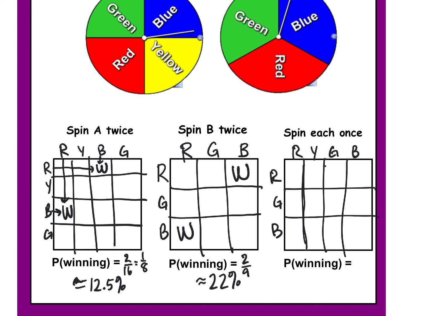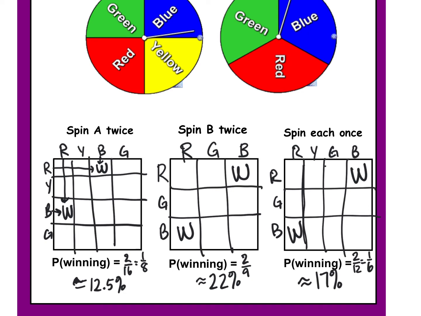And again, we're looking for the red and the blue to intersect. So here's a winner. And then blue and red, here's a winner. So again, there's still 2 ways of winning, this time out of 12, which simplifies to 1/6. And if you remember, 1/6 as a decimal is 0.1666666 forever. And that is going to round up to about 17%.